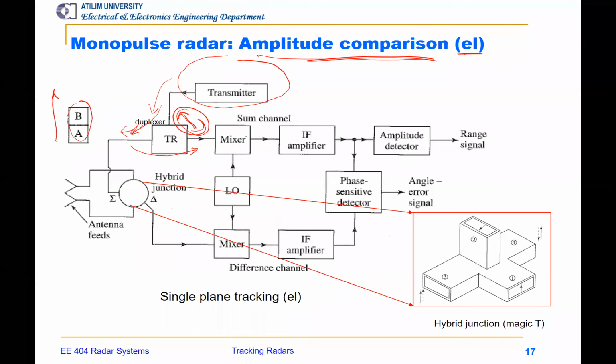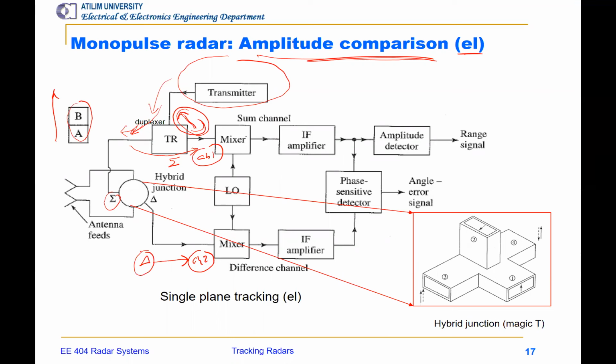So no signal is allowed to go from transmitter to receiver or from receiver to transmitter. That's how a duplexer works. So from this side, then we got both transmission and reception. And there is another receiver channel here. So there are two channels, channel 1 and channel 2. And these are called the sum channel and the difference channel.